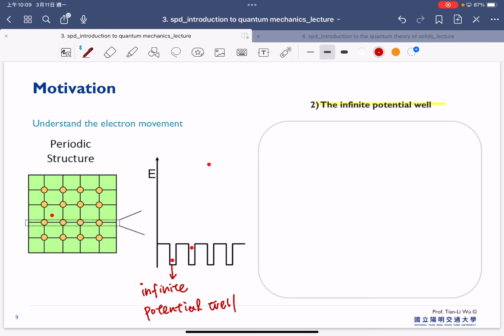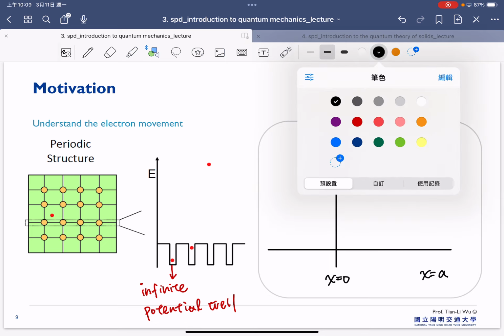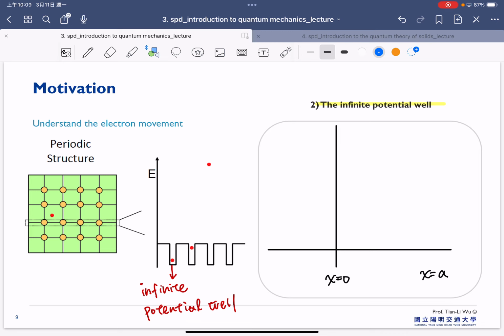In this case, we consider x equal to 0 and a certain distance x equal to a, and the potential looks like here.